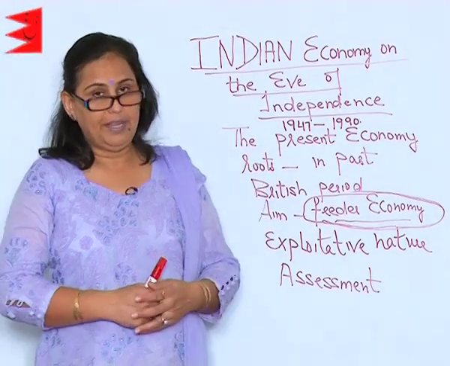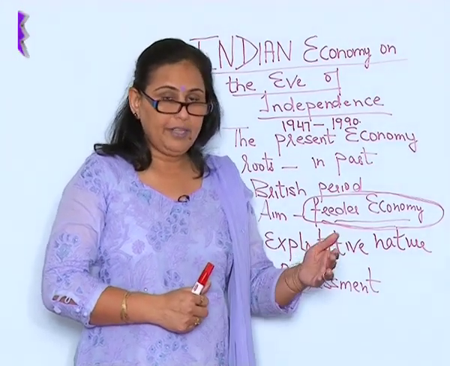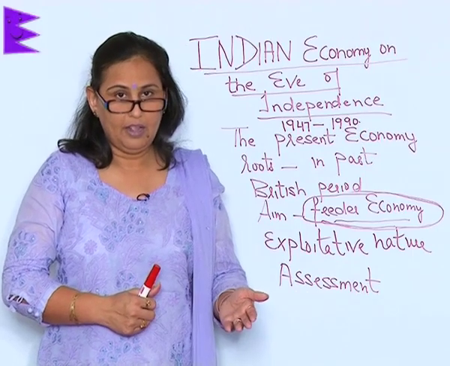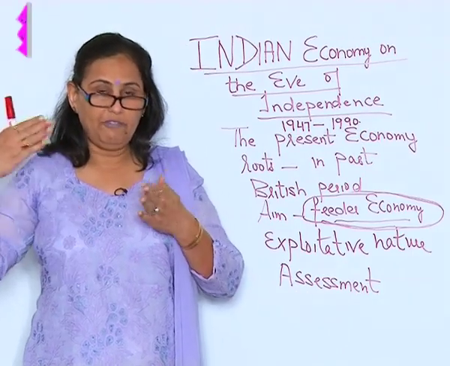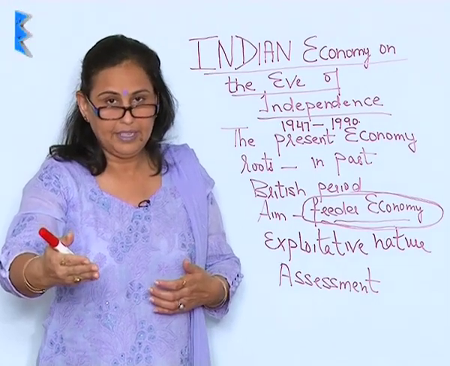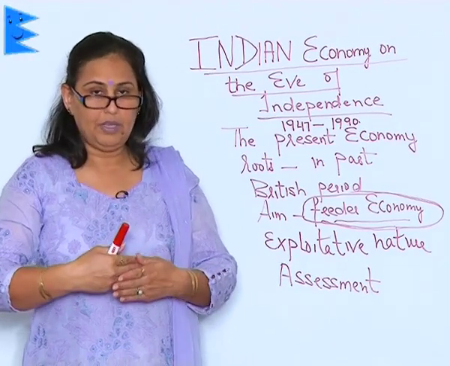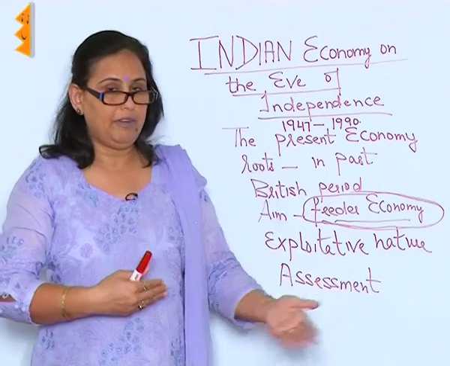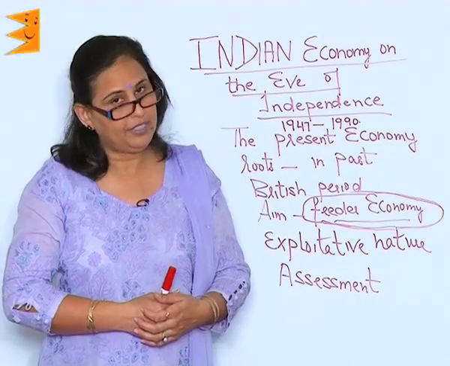Somebody said very wisely that all the wealth of India flowed from the river Ganga to the river Thames. That is, the Indian economy was working for the upliftment of the British economy.